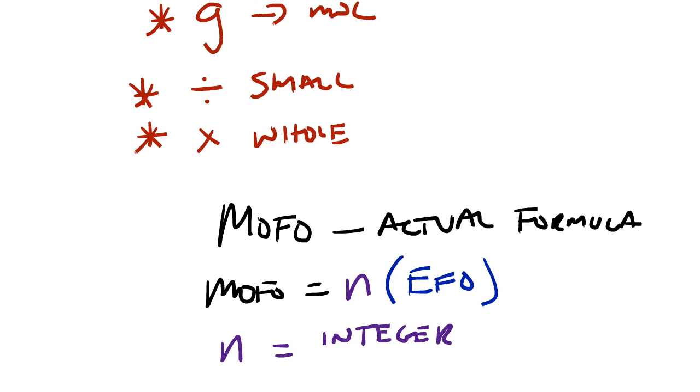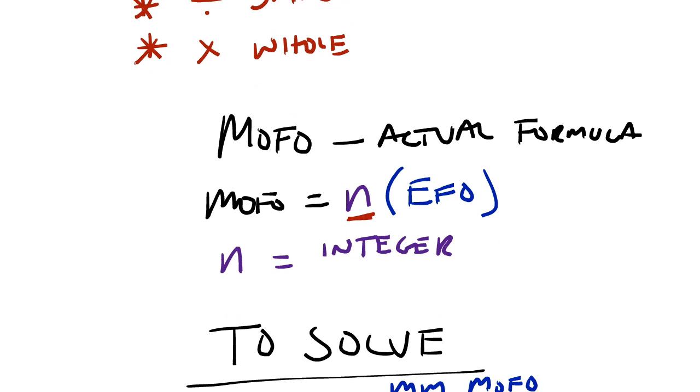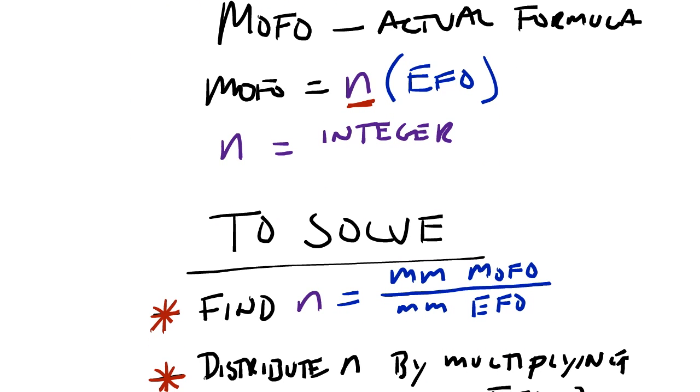Remember, the molecular formula is the actual formula, and it's equal to some integer multiplied by the empirical formula, because remember, the empirical formula is simplified. The way you solve is you find that integer first. The way you do that is you take the molar mass of the molecular formula, which is usually stated in the problem, and divide it by the molar mass of the empirical formula.